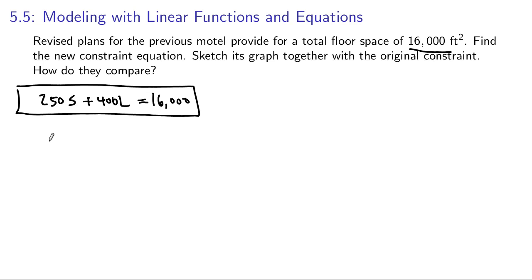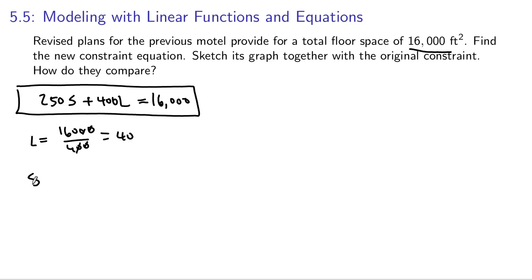First we need to think about how many more rooms we can have. So now, when there are no small rooms, we have large is 16,000 over 400, which is 40 large.